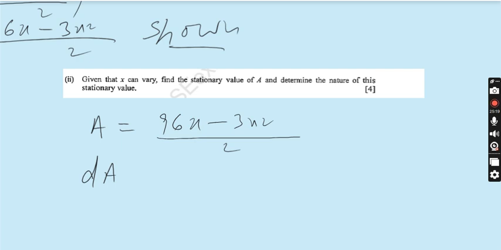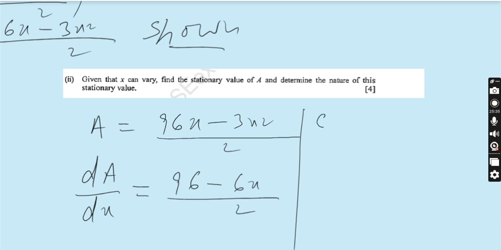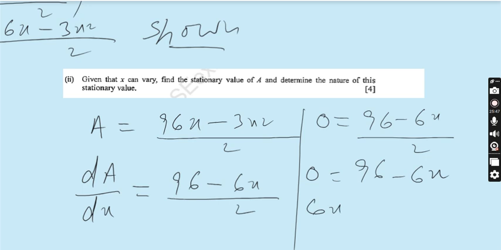So dA by dx: 96x derivative is 96, 3x square derivative is 6x, upon 2. dA by dx is replaced by 0 in order to find the stationary value. 96 minus 6x upon 2 equals 0, 2 multiplied by 0 is 0. 96 minus 6x, so 6x is equal to 96. x is equal to 96 upon 6. So the value of x is 16.